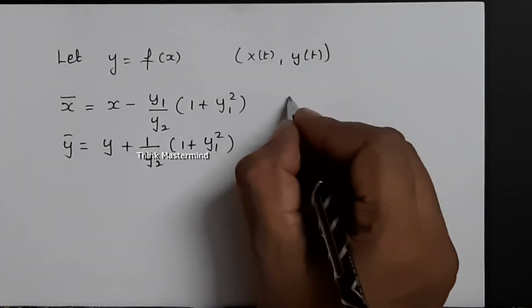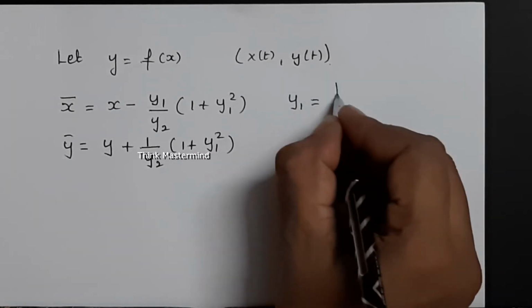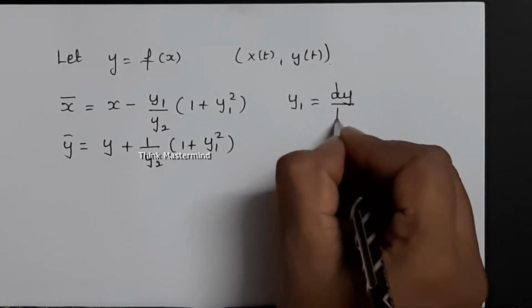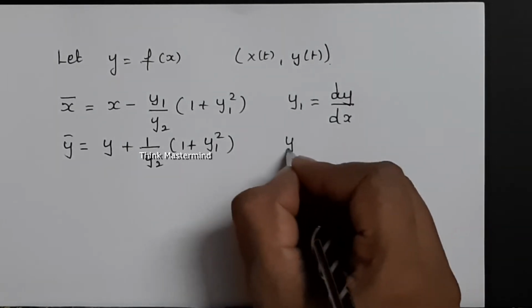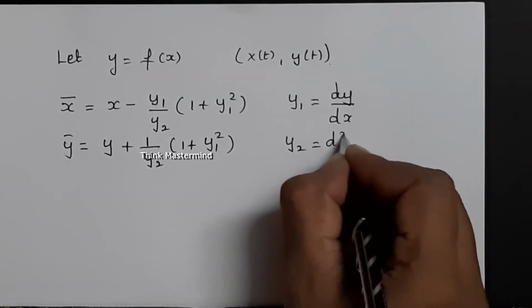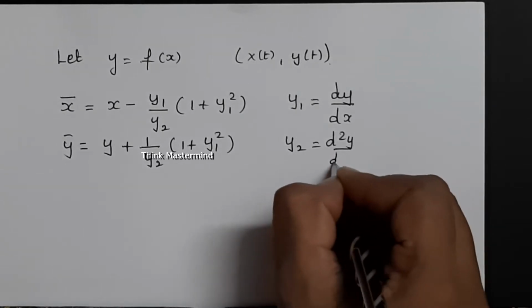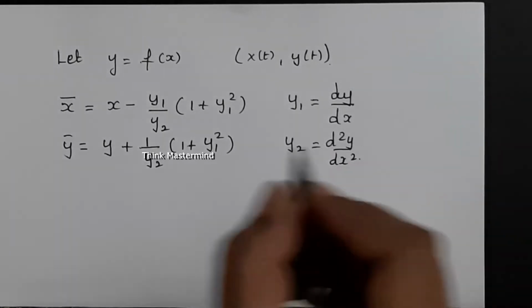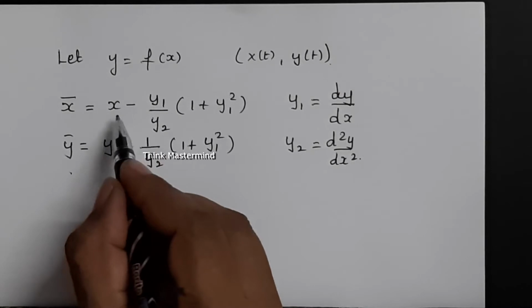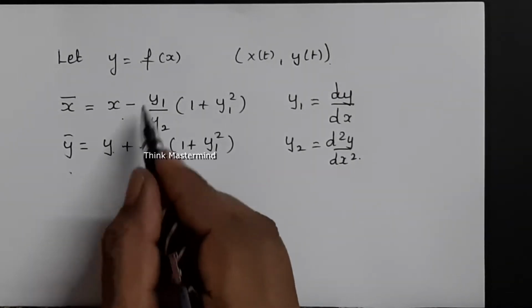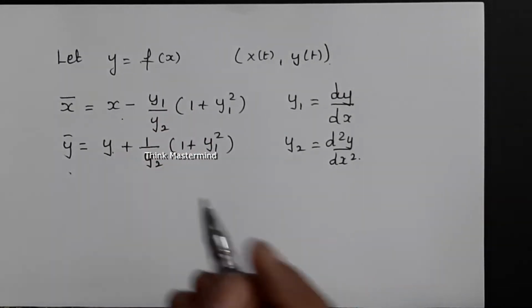We know that y1 is nothing but dy by dx, and y2 is d square y by dx squared. To find the evolute, just eliminate x, y from these three equations.